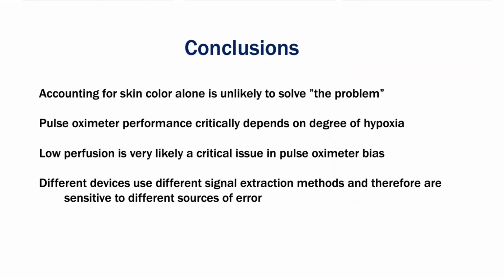All right. So what am I concluding here? What can we take home? Well, what I tried to convince you of is that accounting for skin color alone may not solve the problem that we're convened to solve, because there's a lot more to it, including low perfusion and critically the range of hypoxemia. And at this point, we are still fond of the hypothesis that low perfusion is likely a critical issue which amplifies pulse oximeter bias.